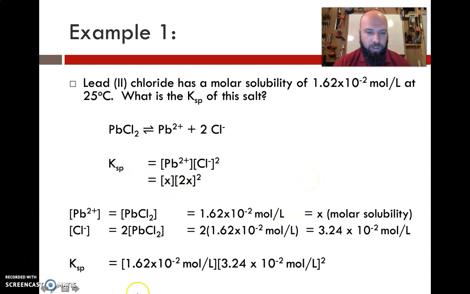So once you plug these values in and do the calculation, you should get the KSP of lead 2 chloride is 1.70 times 10 to the negative 5. KSP, like all other equilibrium constants, will not have a unit. We're going to come back to this situation in my last example, so remember that it's 1.7 times 10 to the negative 5 for the KSP of lead 2 chloride.